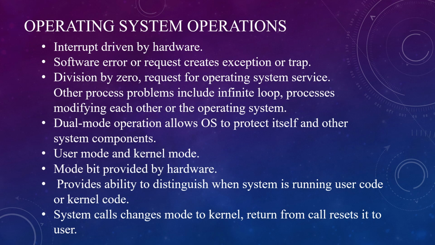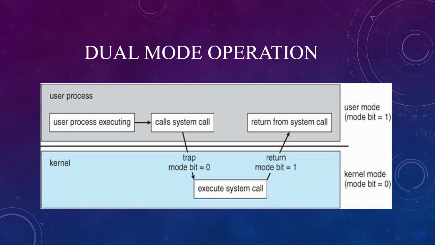Mode switching ensures the OS remains in control while allowing user processes to function efficiently. Now the diagram, which is all about dual mode operation. The system uses a mode bit to indicate the current mode. Mode bit equal to 1 is user mode, and mode bit 0 is kernel mode.